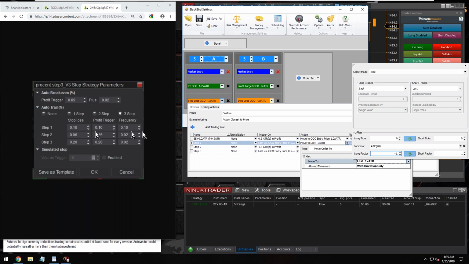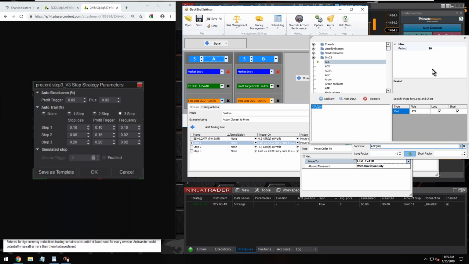Okay, so our stop loss for step 1 is 0.1%.